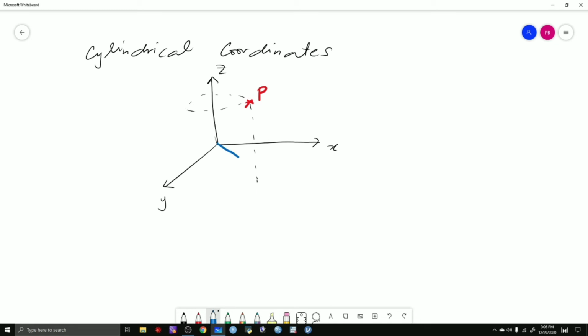So we have here the radius r, the angle theta, so the rotation is here.